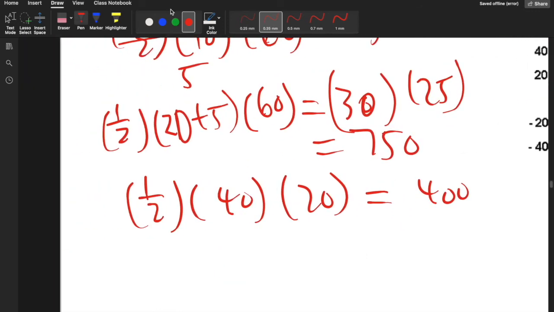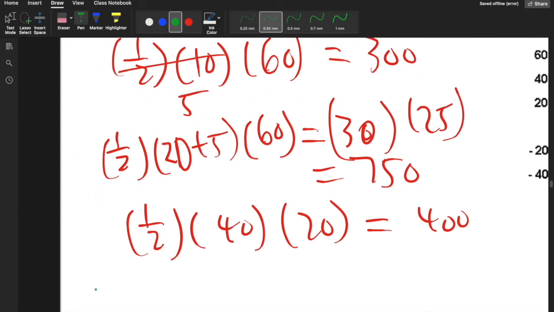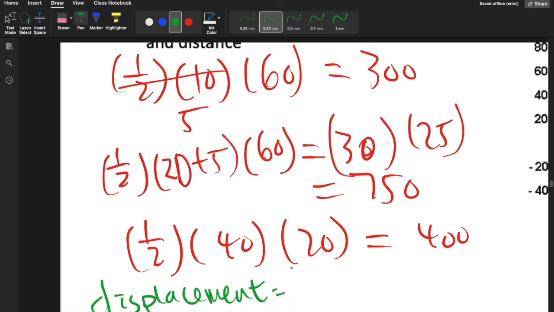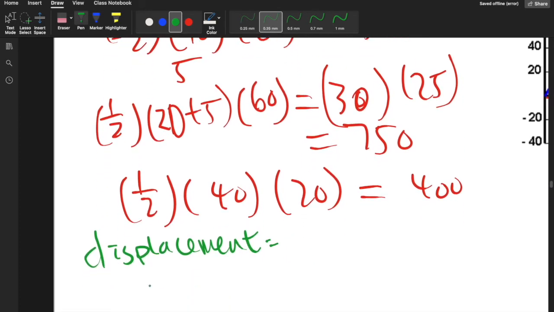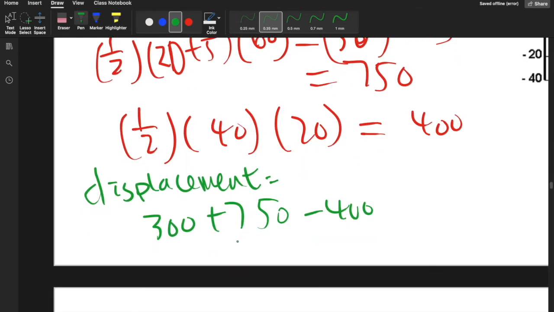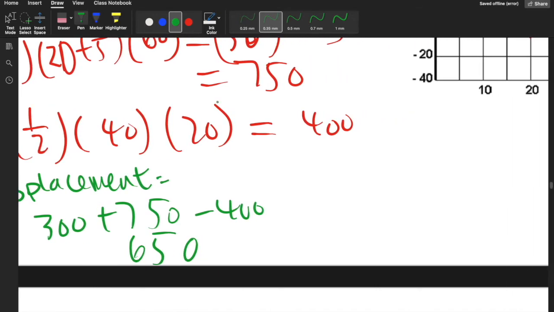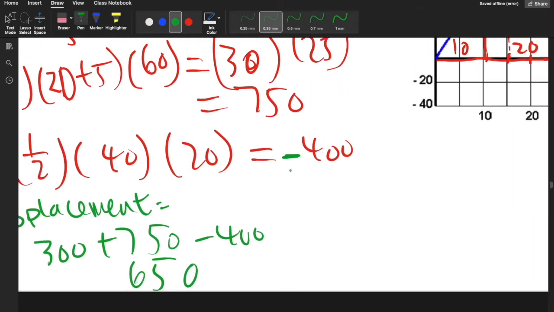So if you want to calculate the displacement, here will be a negative sign, so it will be 300 plus 750 minus 400, which is equal to 650, right? So it will be a negative sign if you are calculating displacement.